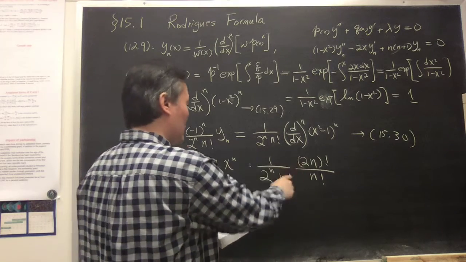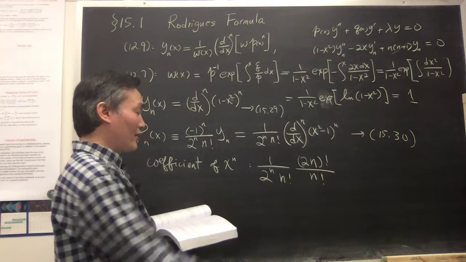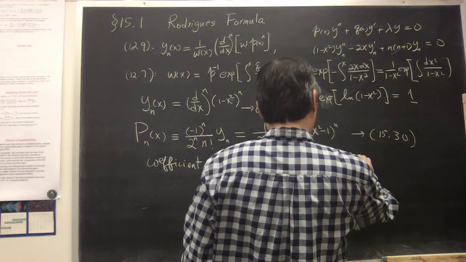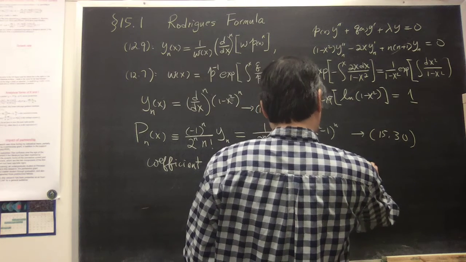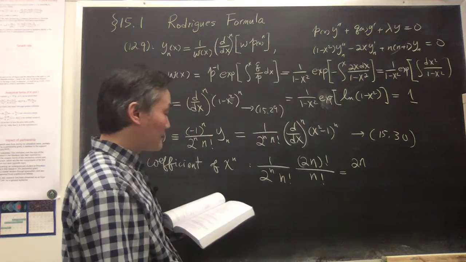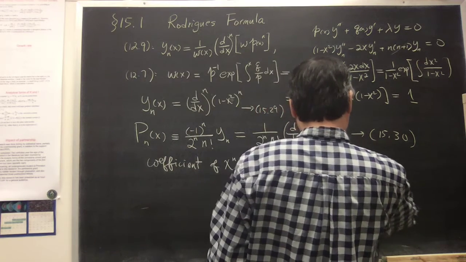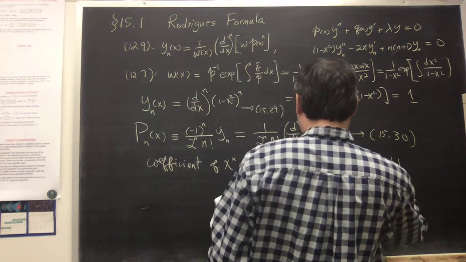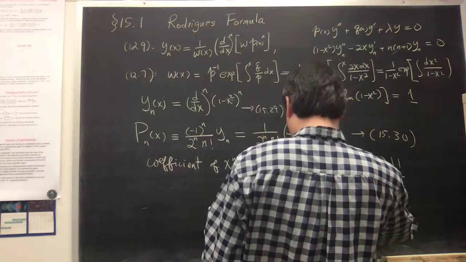You get n of them, you get 2 to the power n, so you cancel with this 2 to the power n. So that becomes (2n minus 1) double factorial divided by n factorial.